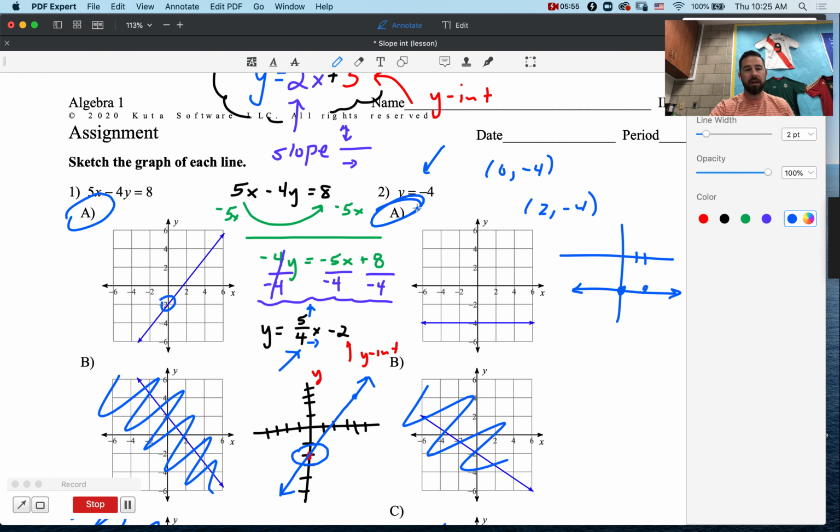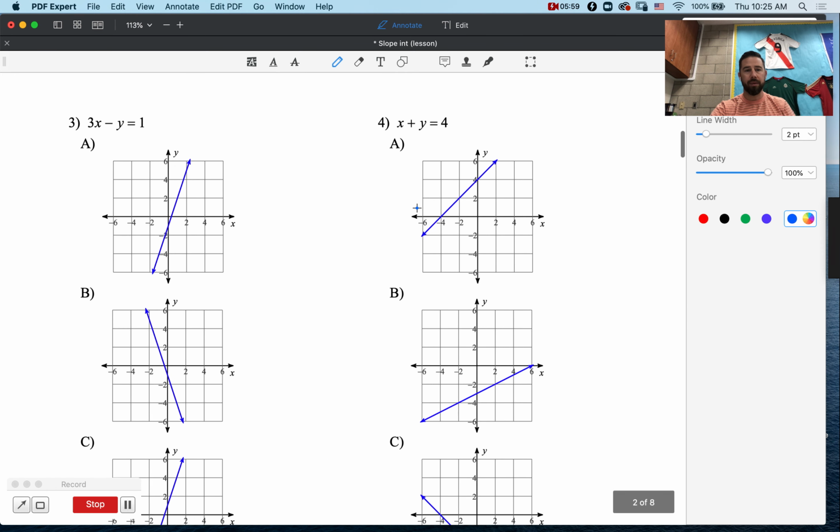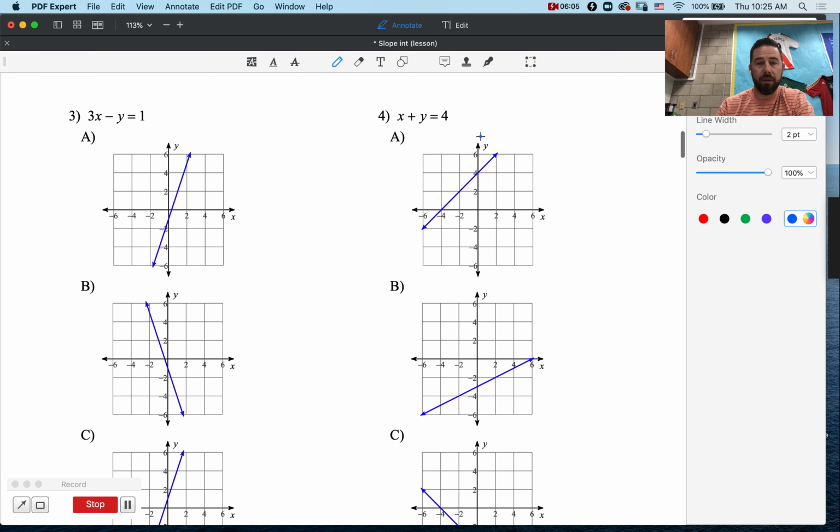Now, I really want you to take notes here on number 3 with me, okay? Because this is where we start to get into really practicing, okay? So I'm going to write this guy out. 3x minus y equals 1, okay? And we said we want our y by ourselves, so we got to get this x to the other side.